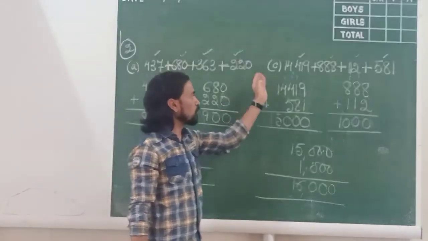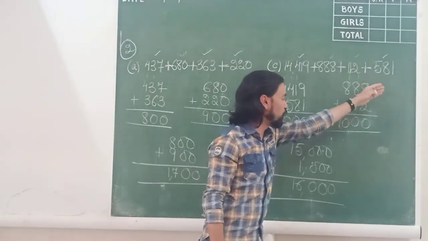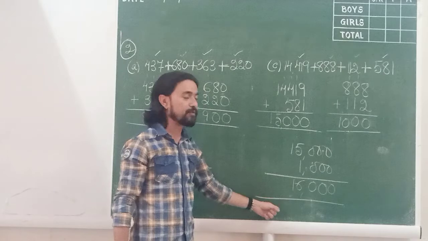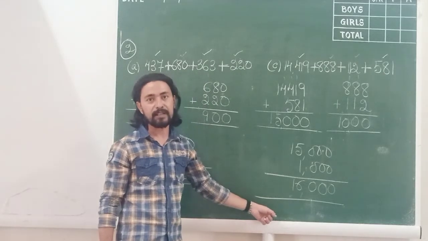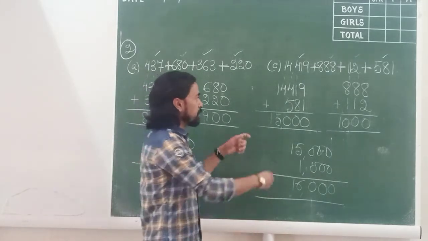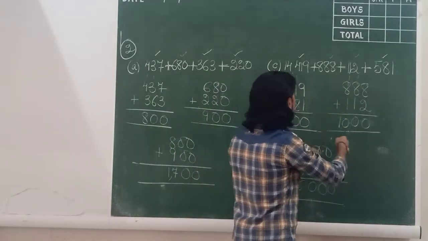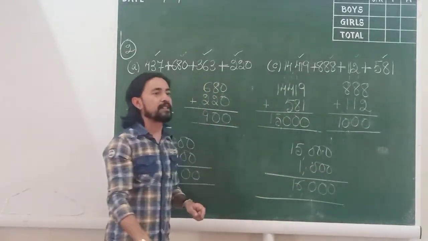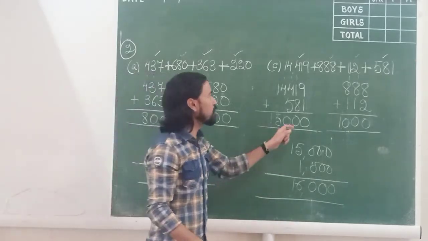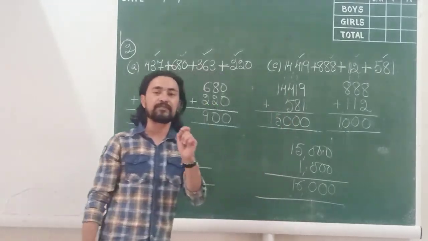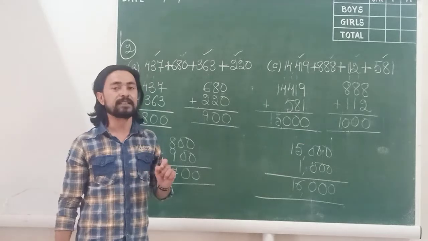Now, even on the calculator, if you add these 4 numbers, the answer will still be 16,000. But here what we have done, we have rearranged them, we put them in such an order. Always target your last digit. Look at your last digit and ask yourself which 2 digits added will give me a number ending with 0.